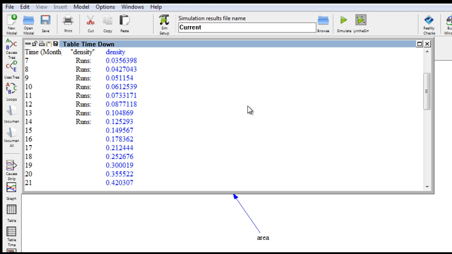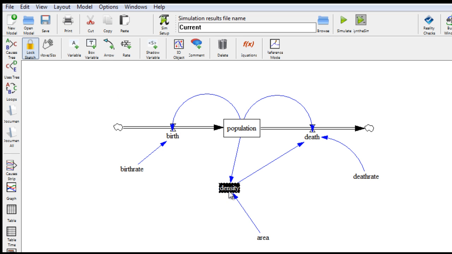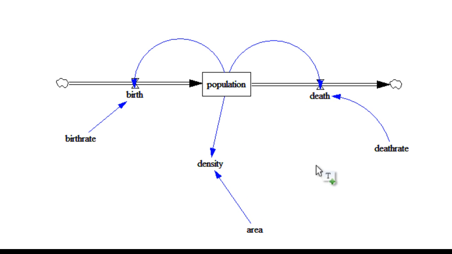So we change this density and include another variable, which I put as capacity. Delete this one. The density will go to the capacity, and the capacity will go to the death.